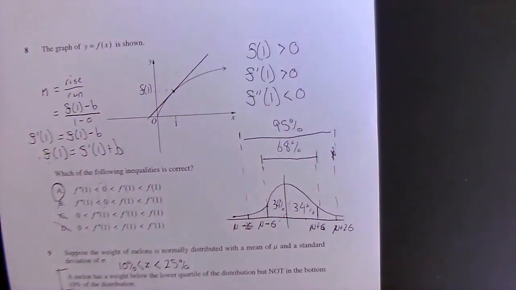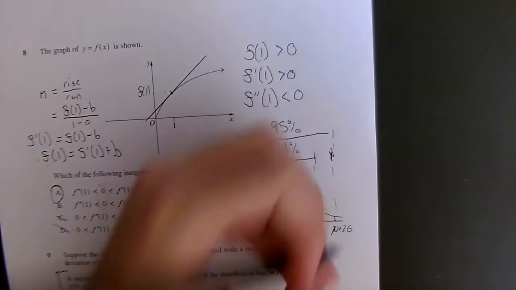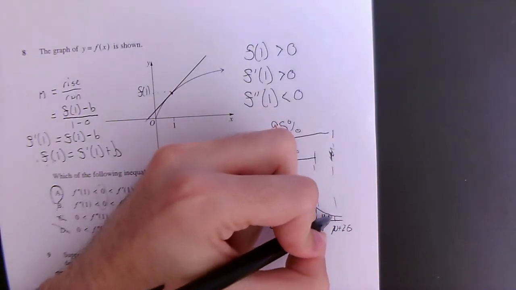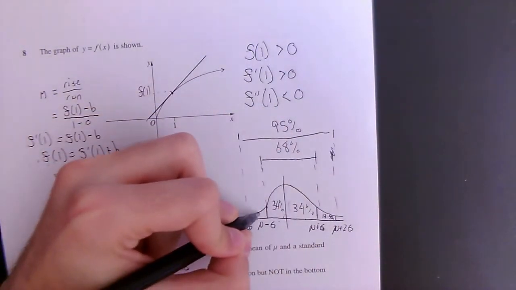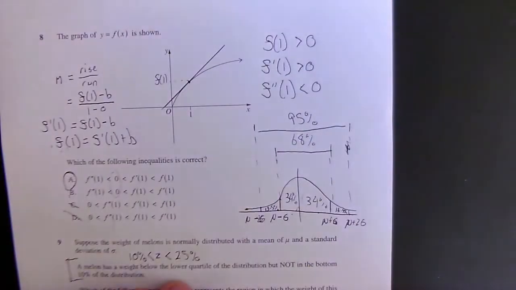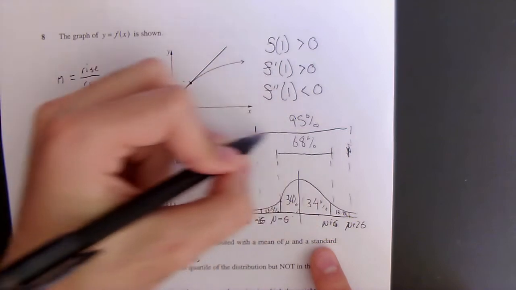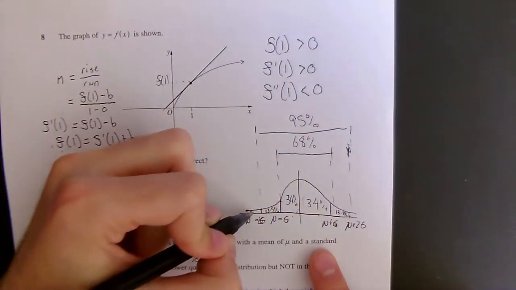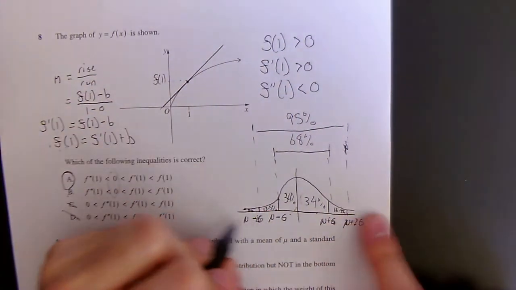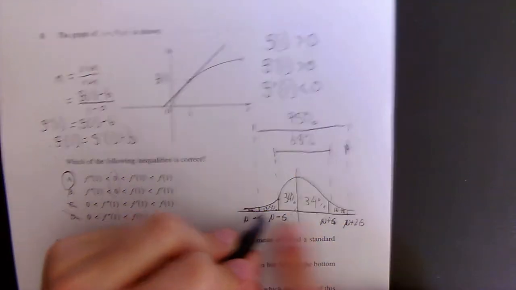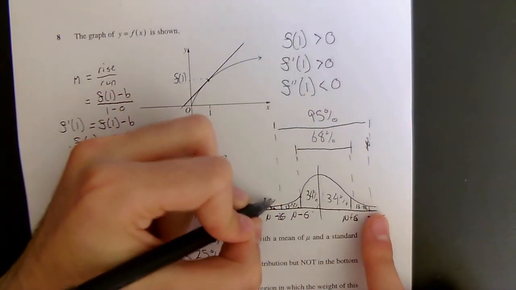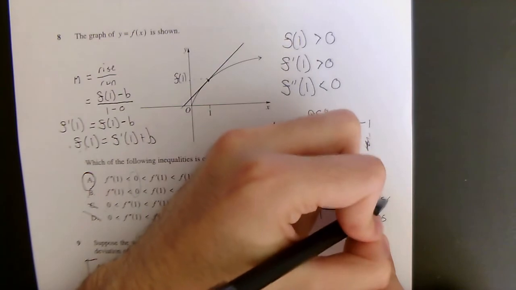So 47.5 minus 34 gets us 13.5. So this here is 13.5% of data, same as this. And then that leaves this remaining. Because this is all 5%, what's left over is 5%. So this is half of it, and this is the other half. So that's 2.5%, and that's the other 2.5%.